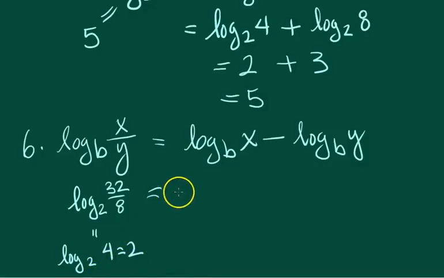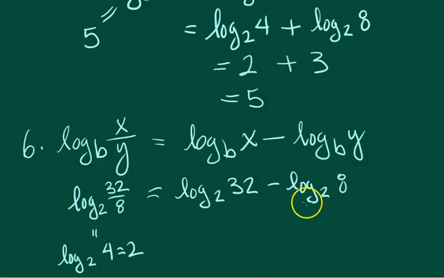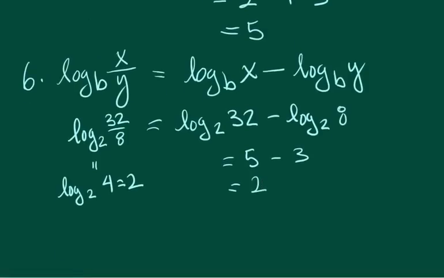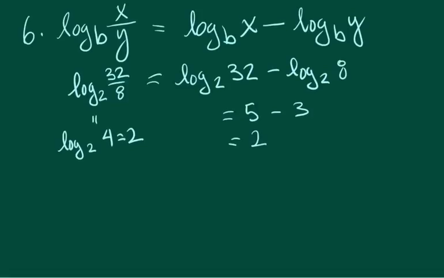Well, according to the rule, this is the difference of the log base 2 of 32 and the log base 2 of 8, which we know is 5 minus 3, which again is 2. So we use this kind of operation to simplify or sometimes complicate other expressions.